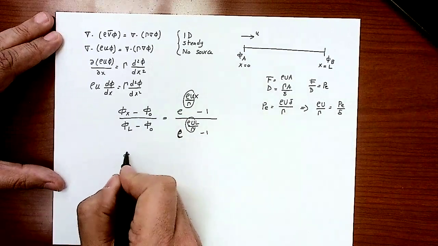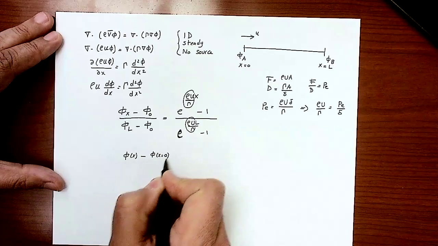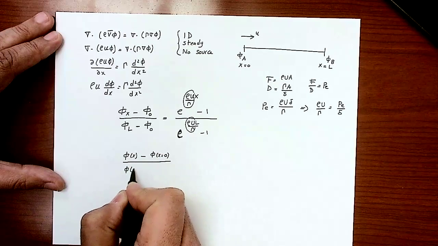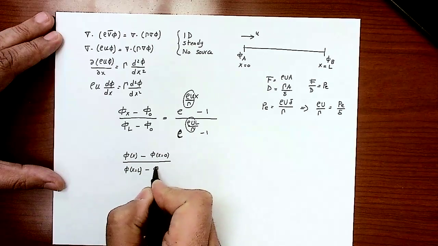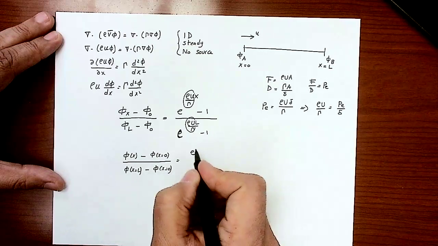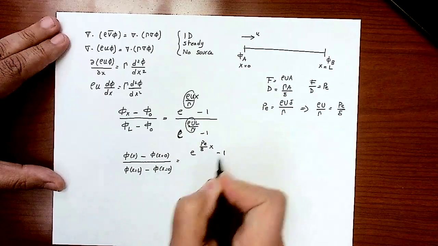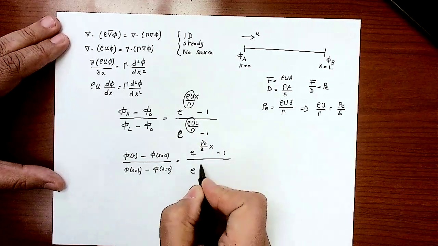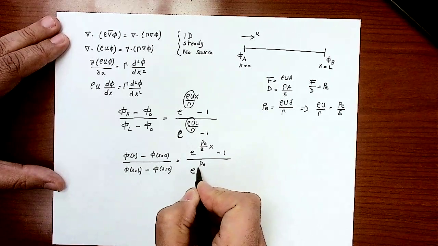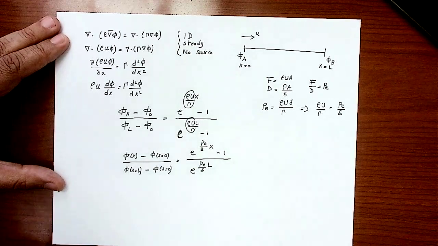So I will have phi at any value of x minus phi at x equals 0, divided by phi at x equal L minus phi at x equals 0, should equal e to the Peclet number over delta times x, minus 1, divided by e to the Peclet number over delta times L, minus 1.